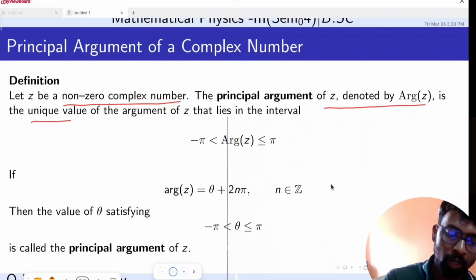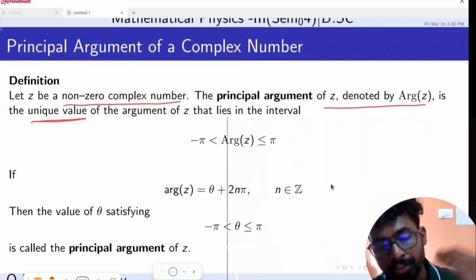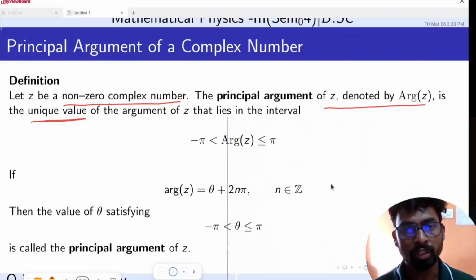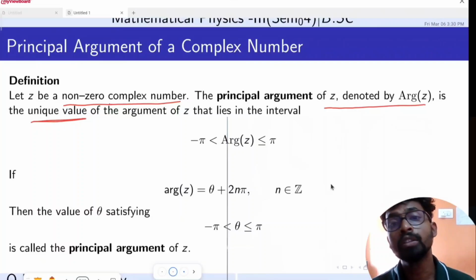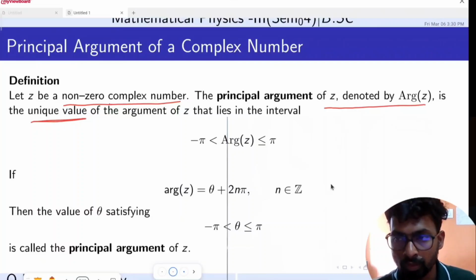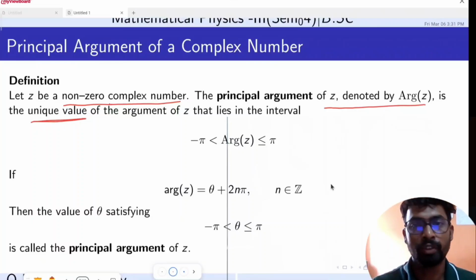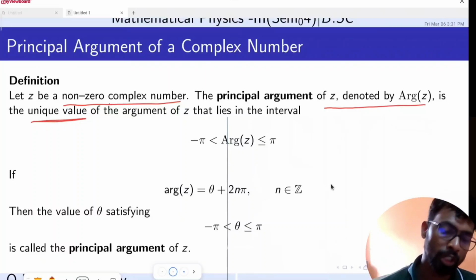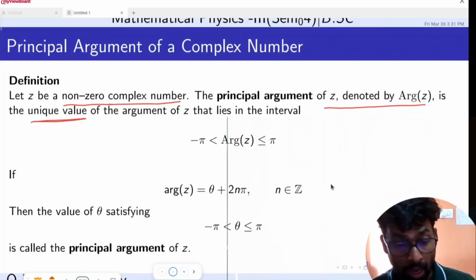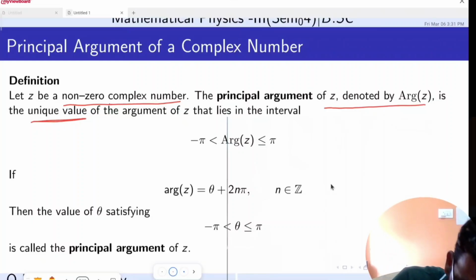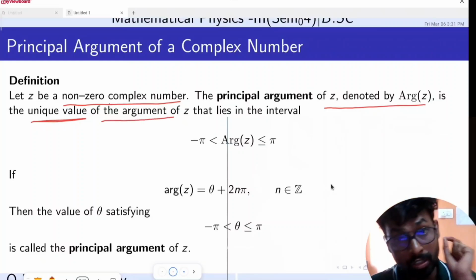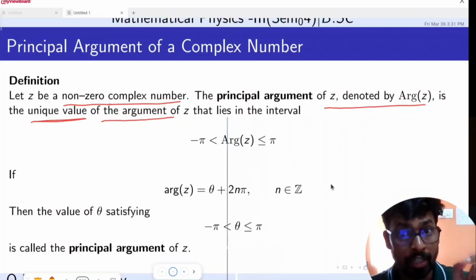Okay, this is a unique value, right? Principal argument means this is a unique value, it's one value, but argument is not a unique value. Based on different n, we get different values for argument, but the principal argument is the unique value of the argument of z. It is a unique value of argument z within the range minus pi to plus pi.